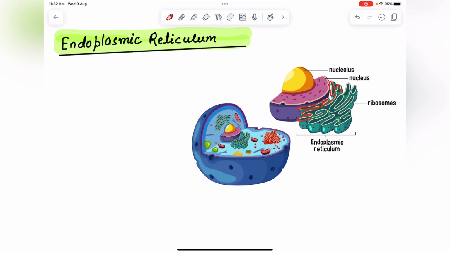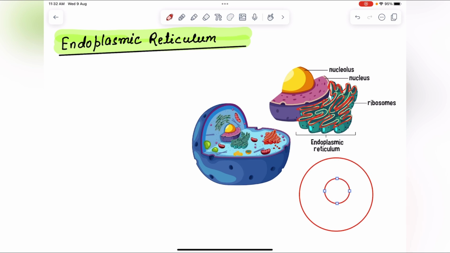It is an irregular network of double membrane. This double membrane is distributed over the entire cytoplasm. This is a cell, and this is the nucleus.